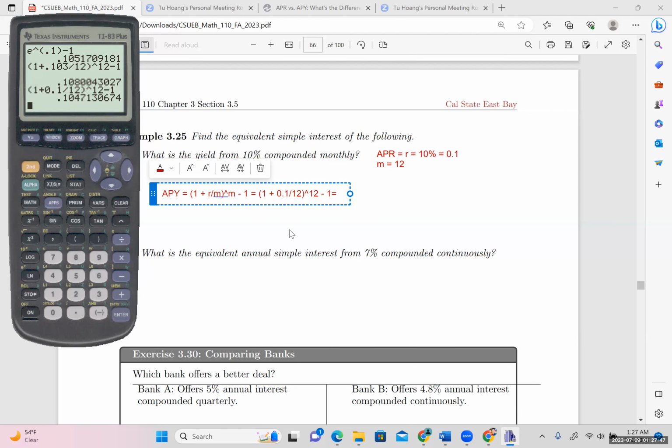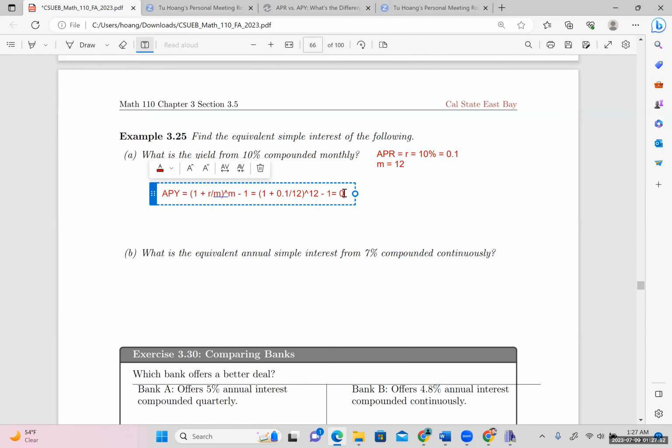Okay, so I have 0.1047. Maybe I put APY here. It's also equal to 0.1047. If I make it a percentage, 10.47%.